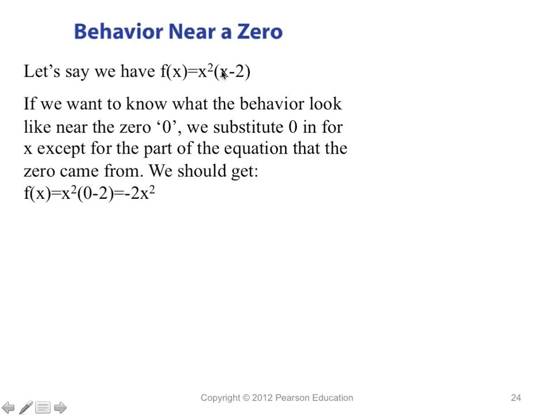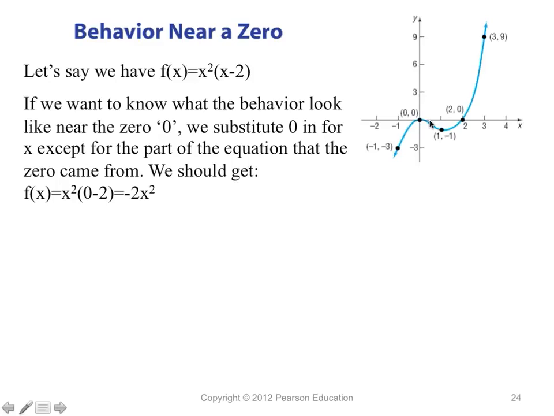So all we need to do is plug in 0 for x everywhere else. We keep x squared, we leave it alone, because if we plugged 0 in there, it would just make the whole thing 0, which would not be helpful. And then we plug 0 in for our other x, so we get 0 minus 2. If we simplify this, we get negative 2x squared.